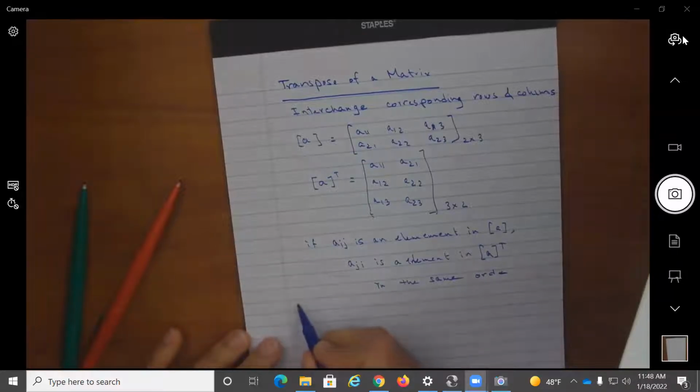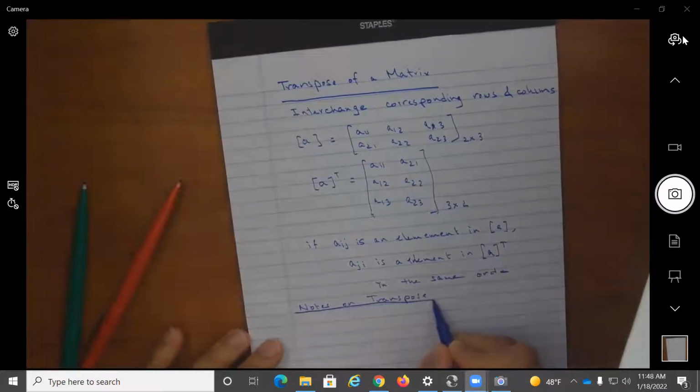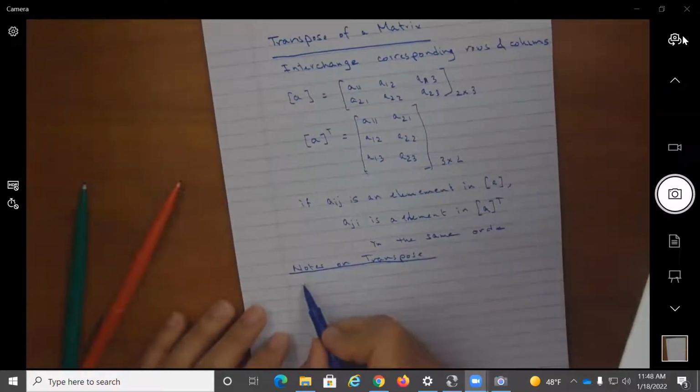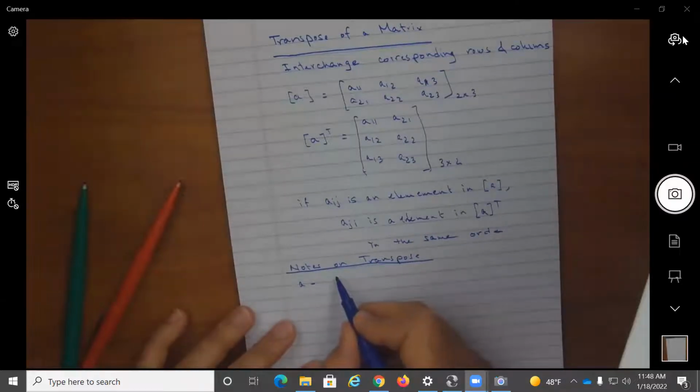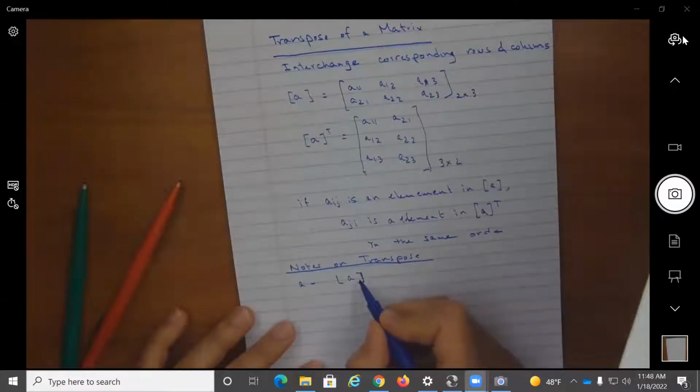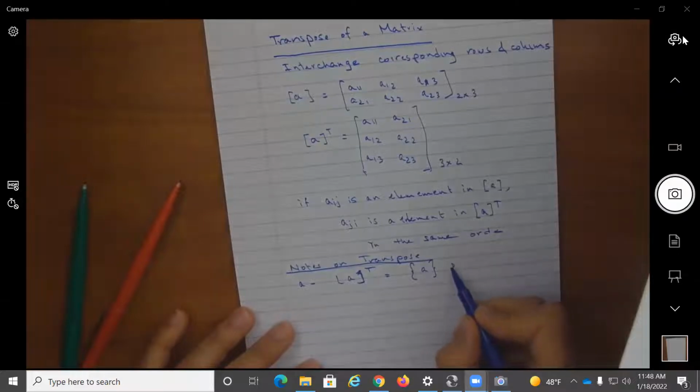Some notes on transpose. If I have a row matrix A, and if I take the transpose, this will become a column matrix, and vice versa.